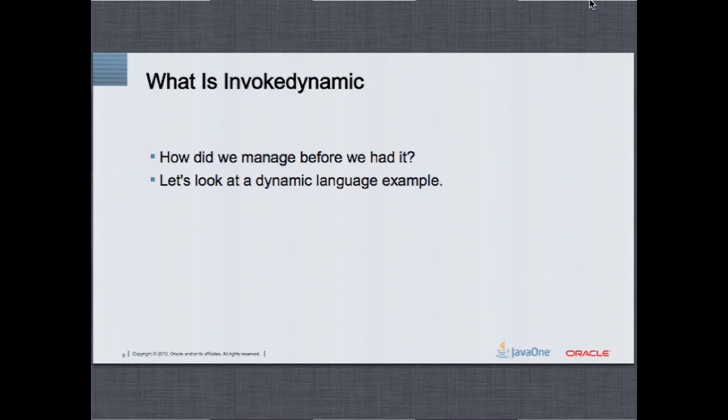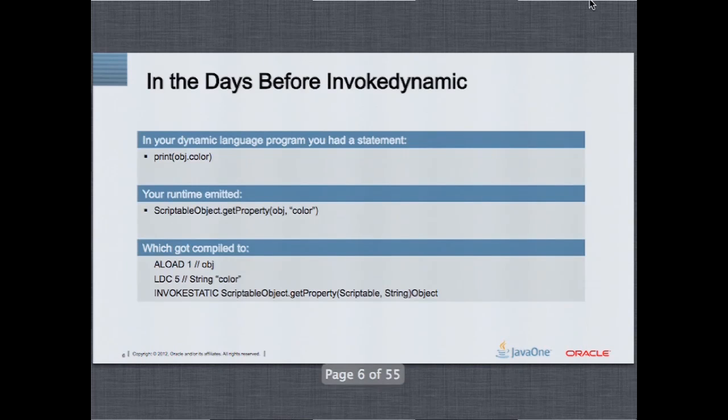All right, so what's InvokeDynamic and how did we actually manage to implement dynamic languages before we had it? What we did is that in a hypothetical situation, and I'll have some code on the slide, so if you don't see it well, you're welcome to move forward. We had this hypothetical situation where you have a dynamic language expression where you need to print the color of an object.